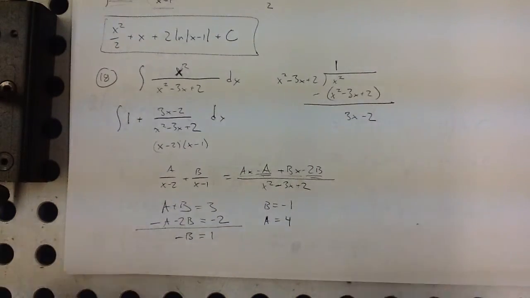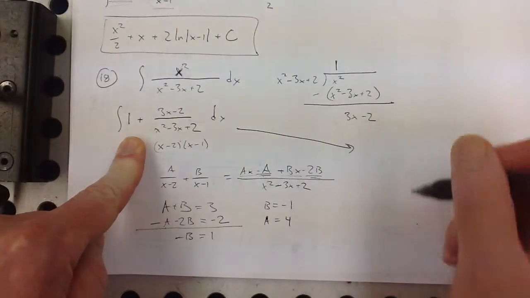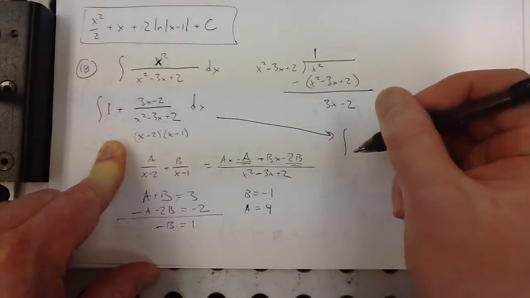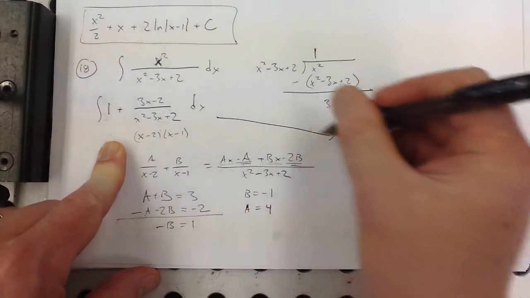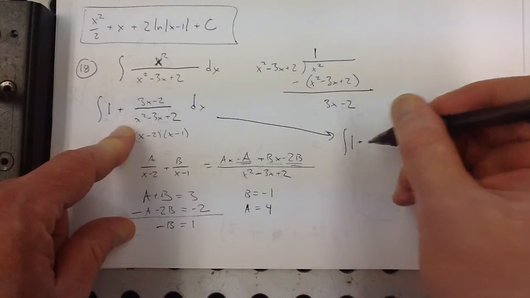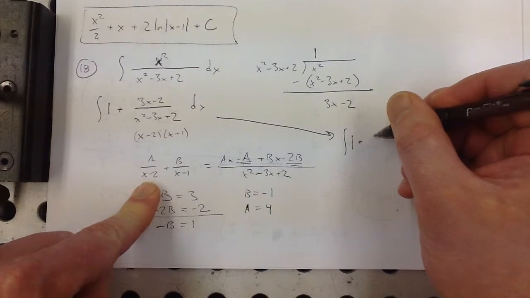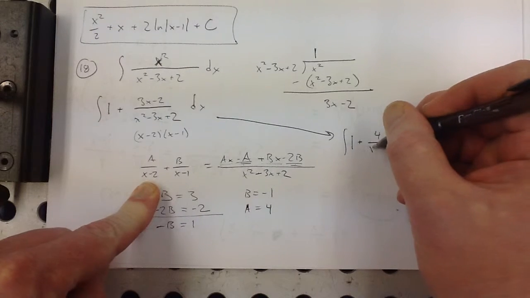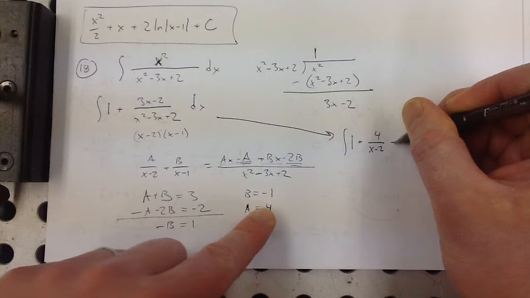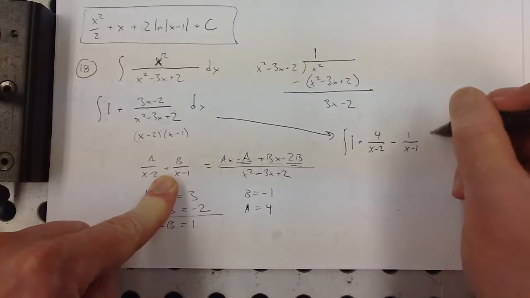Good. All right, so that means, back to here, running out of space, so I'm going to go with the arrow technique into empty space. Not advised, but all right, so a, that's 4 over x minus 2, and then minus 1 over x minus 1.